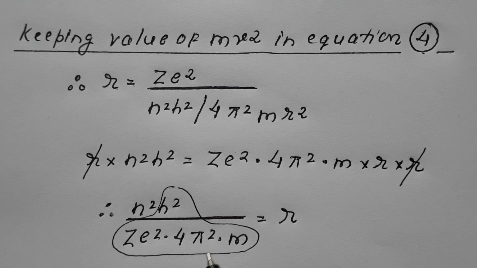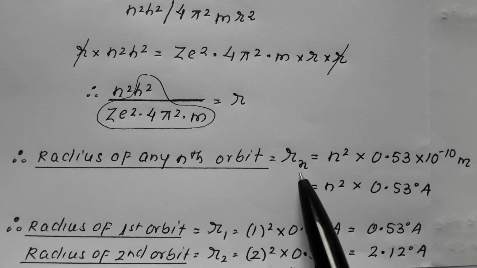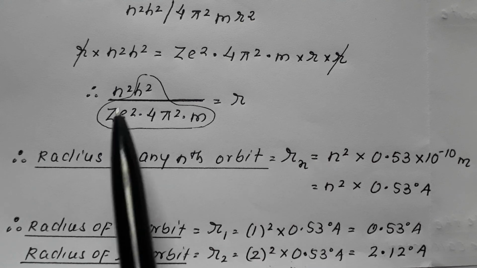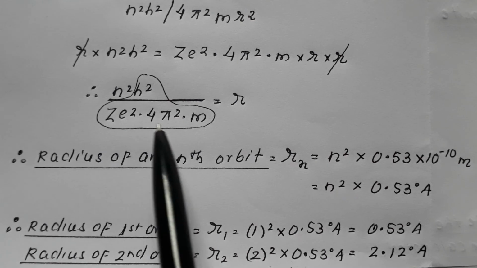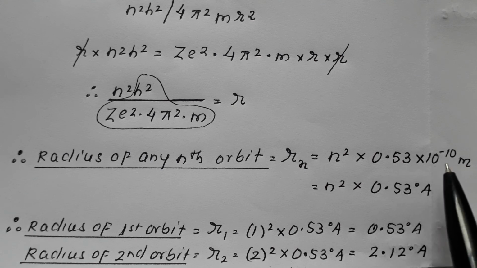If I solve it, this value comes to be... so the radius of any nth orbit Rn, where n stands for any orbit, first, second, third, fourth, etc. So Rn is equal to n square into 0.53 into 10 raised to minus 10 meters.